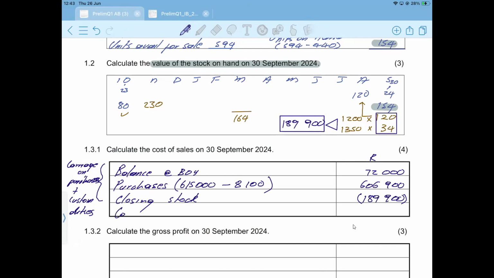Then you will get your cost of sales. 72,000 plus 606,900 minus 189,900. This will give us 489,000 as our cost of sales.